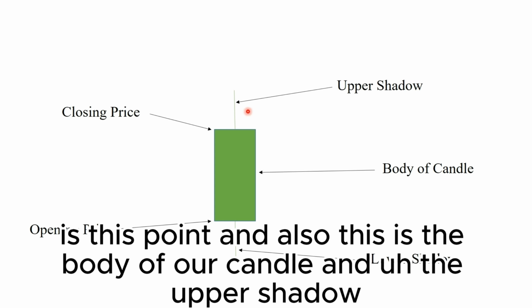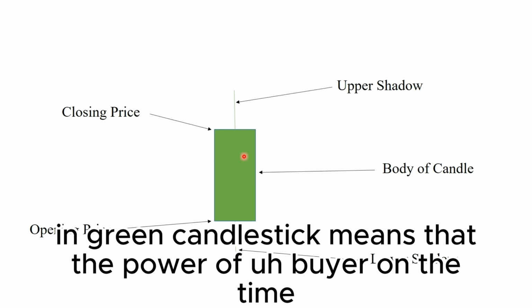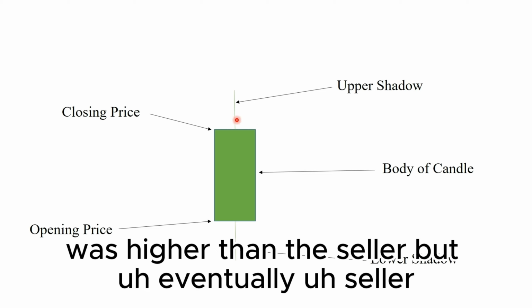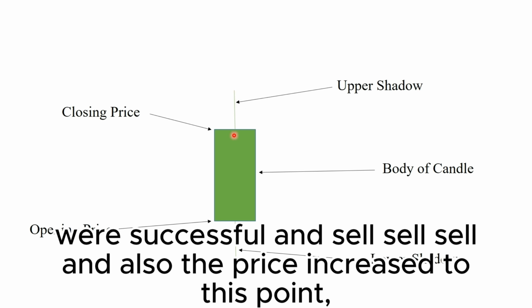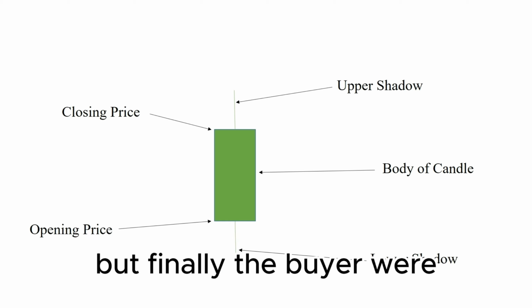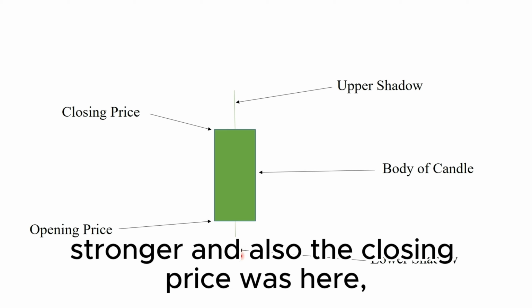The upper shadow in the green candlestick means that the power of the buyer at the time was higher than the seller, but eventually the seller was successful and sold, and the price decreased to this point, but finally the buyer was stronger, and the closing price was here.